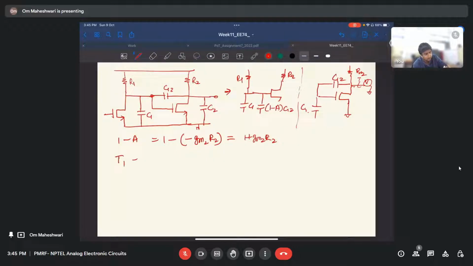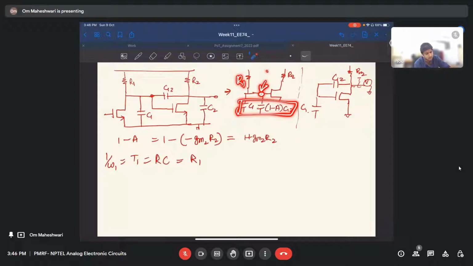If I write this, let's say T1, which is 1 by omega 1, equals R times C. What is R1? At this node, it is this R and these two C. So R1 into these C is the pole here, RC.